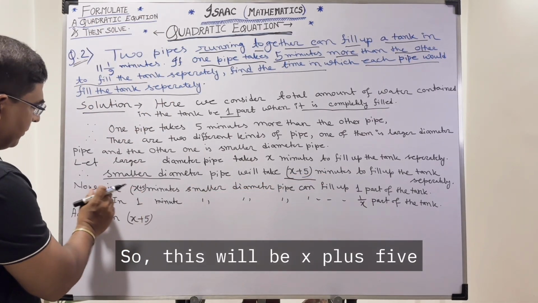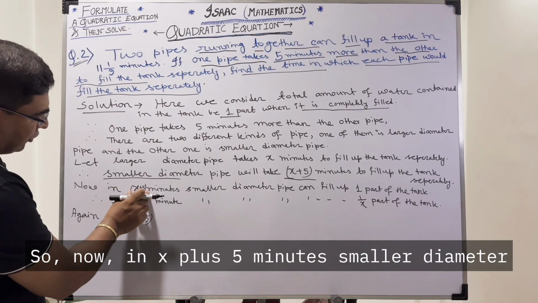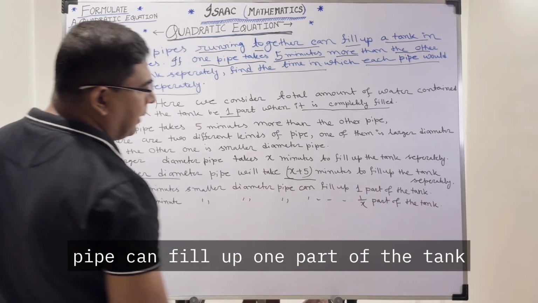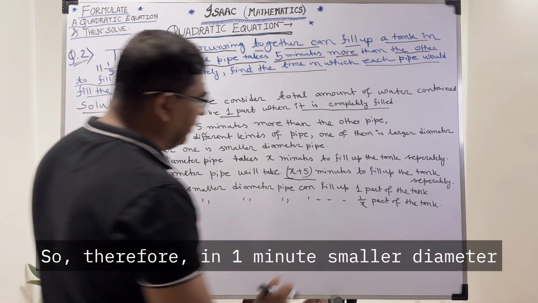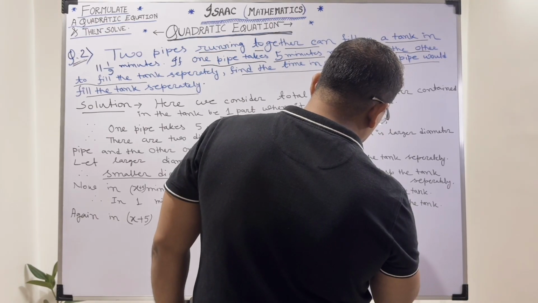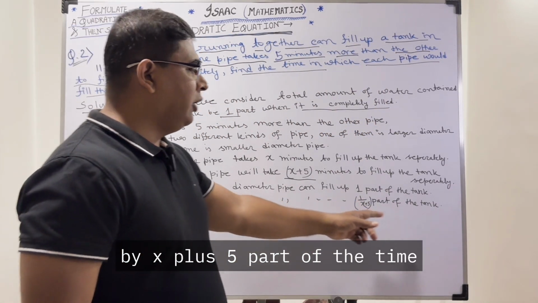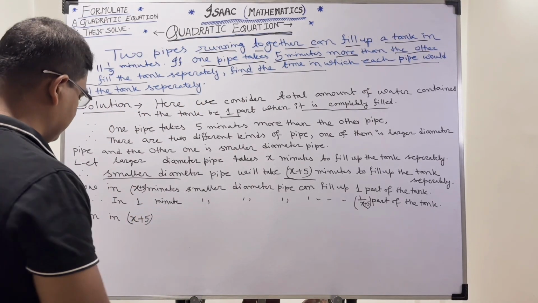So now in x plus 5 minutes the smaller diameter pipe can fill up 1 part of the tank. So therefore in 1 minute the smaller diameter pipe can fill up 1 by x plus 5 part of the tank. Okay.